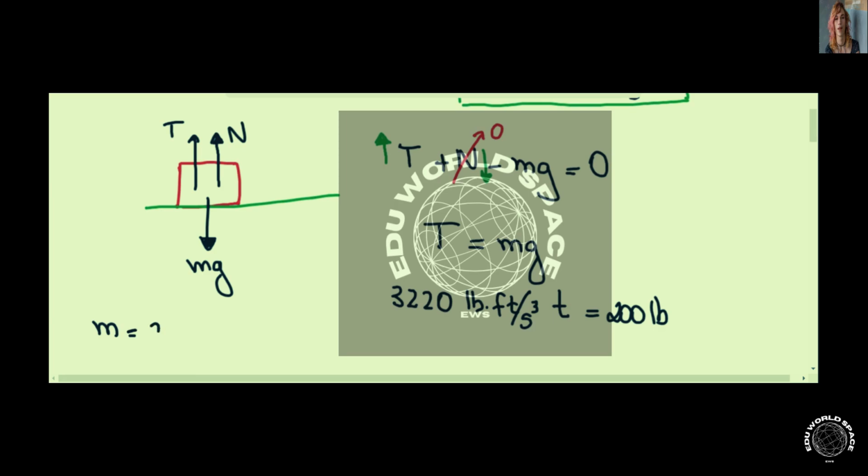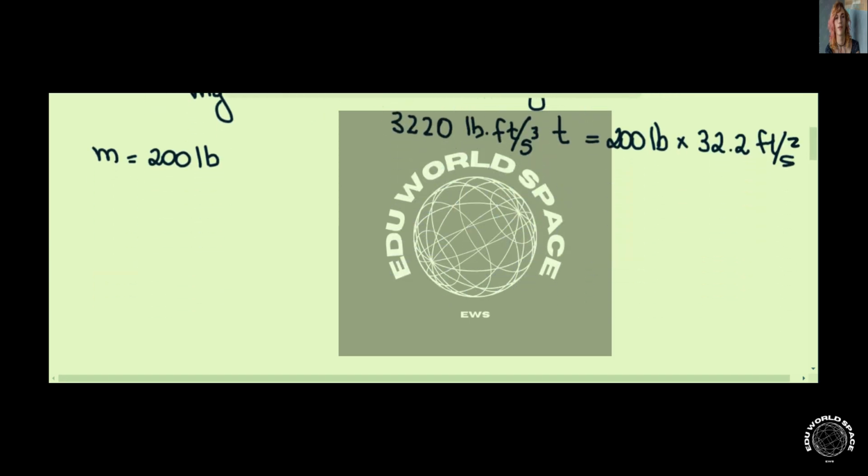The mass of the block is 200 pounds times g, and g is 32.2 feet per square second. So we obtain that t is equal to 2 seconds. This is the time it takes for the block to start being lifted up. So for 2 seconds, the block is on the ground and not lifted up.